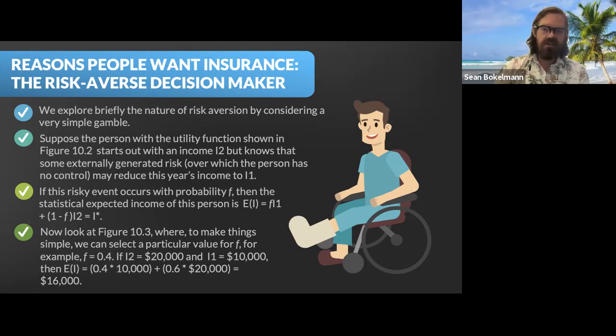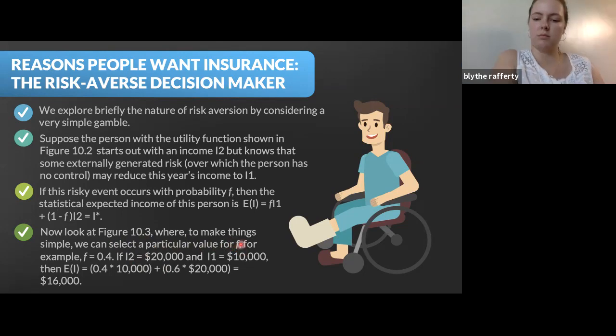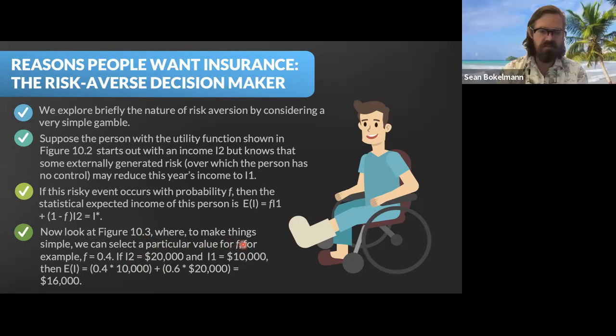All right, so we're going to go back to our utility curve with a few more things labeled. We're going to add some numbers to this chart. So for this next picture, we're going to assume that the probability of the bad outcome is 0.4, so 40% chance that the outcome is bad. The higher income is $20,000.